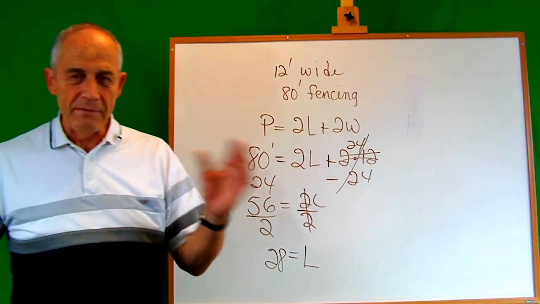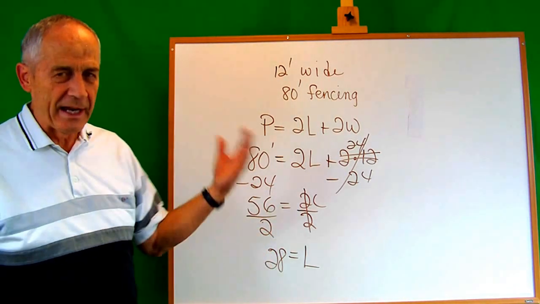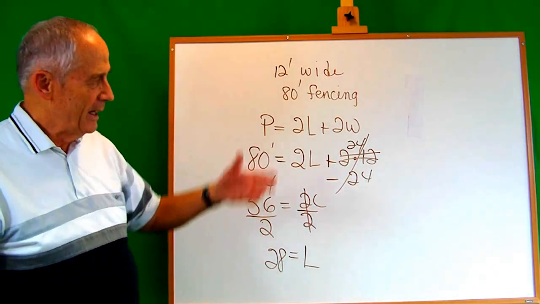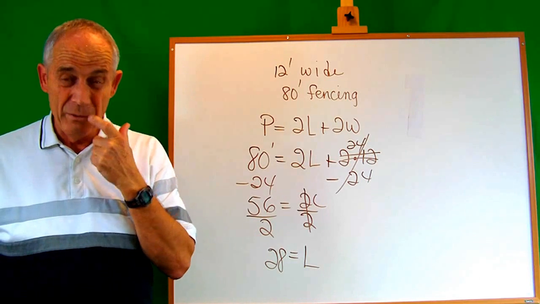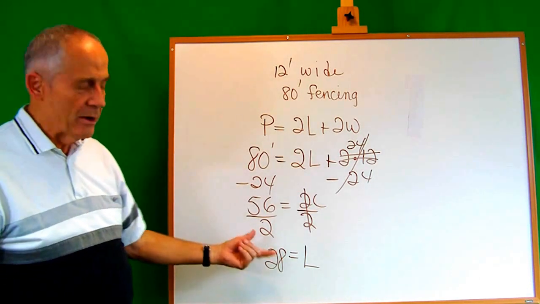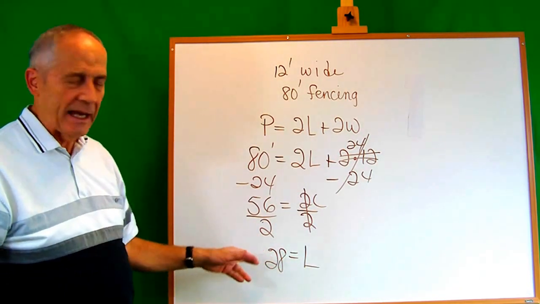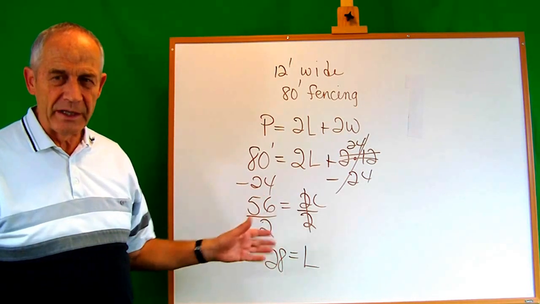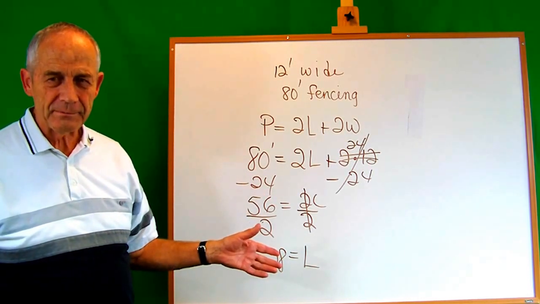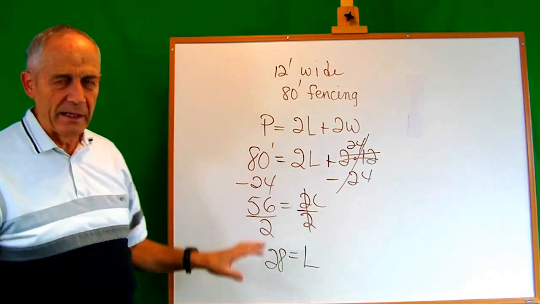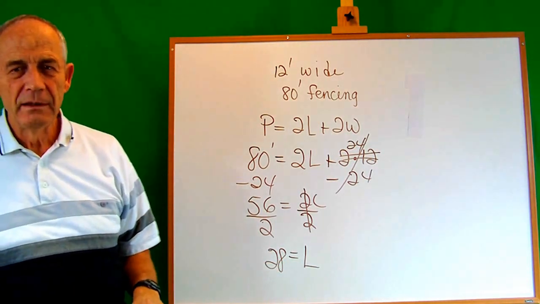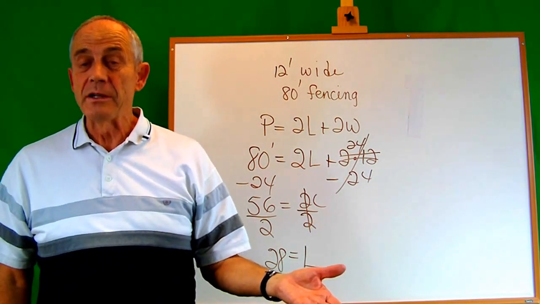So, if I've got a pen with 80 feet of fence around it, in a spot that's 12 feet wide, I know with that much fencing I can actually get a pen that's going to be 28 feet long. So I evaluated this formula to find some information that's useful for me.